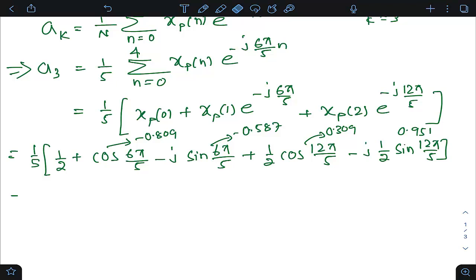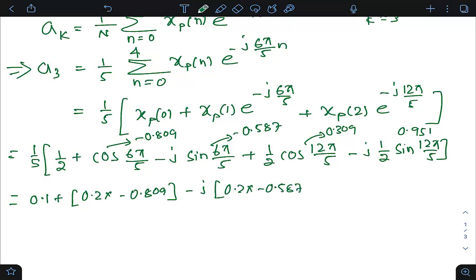So now if you simplify this, 1 by 5 into 1 by 2 is 0.1, plus this is 1 by 5 into 0.2 into minus 0.809. Then you have minus j into 0.2 into minus 0.587.